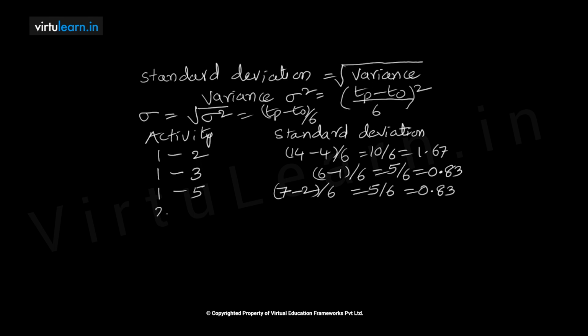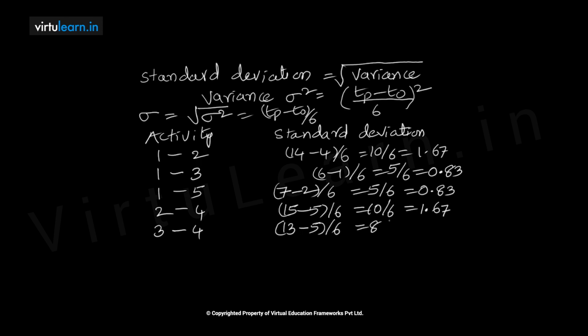Similarly, activity 2 to 4 is given by 15 minus 5 divided by 6, that is 10 divided by 6, which gives us 1.67. Then activity 3 to 4, the pessimistic time is 13, optimistic time is 5, which gives us 8 by 6, equal to 1.33.